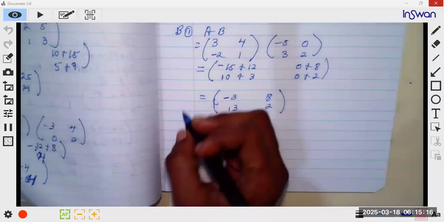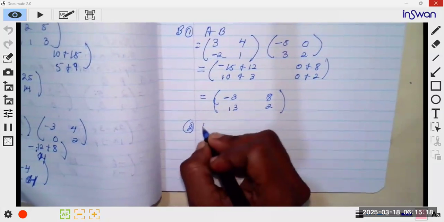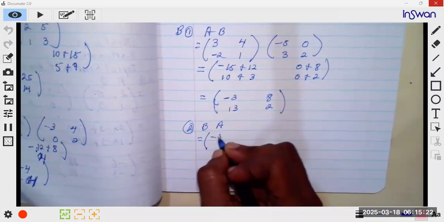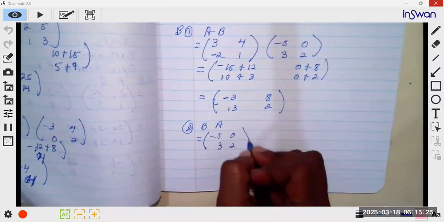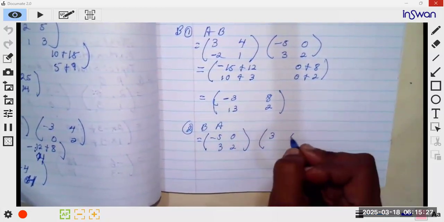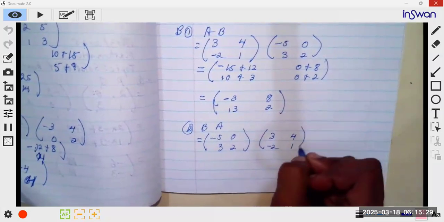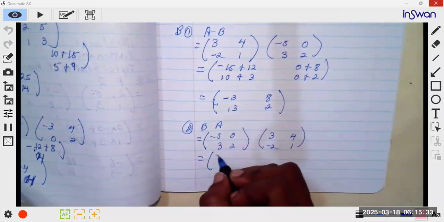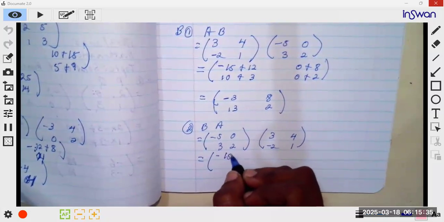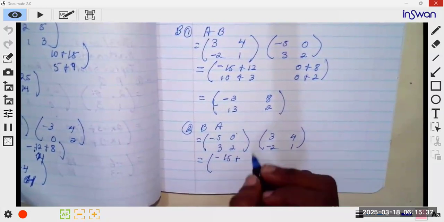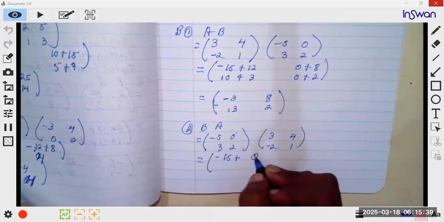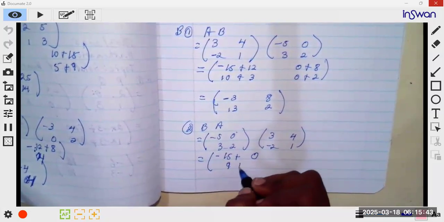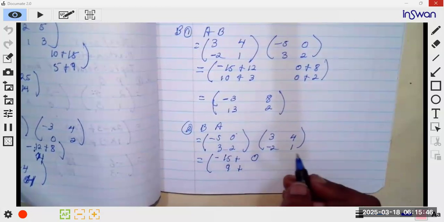Number 2 is BA: [-5, 0; 3, 2] by [3, 4; -2, 1]. Minus 5 times 3 will be minus 15 plus 0 by minus 2 will be 0. 3 by 3 is 9 plus 2.